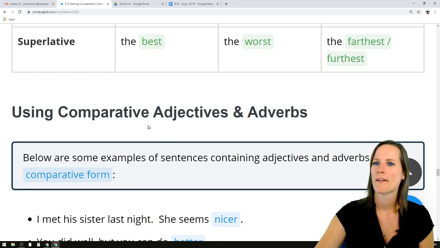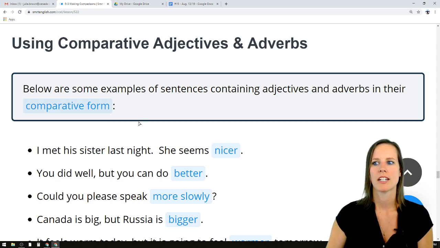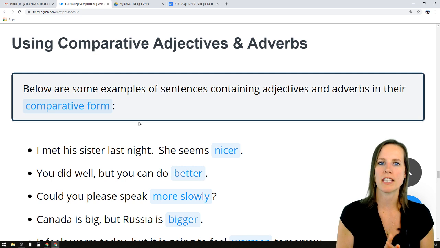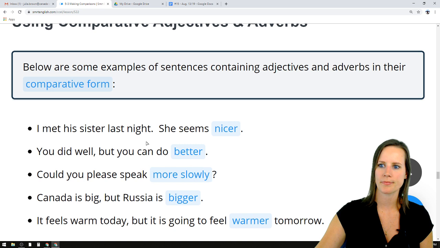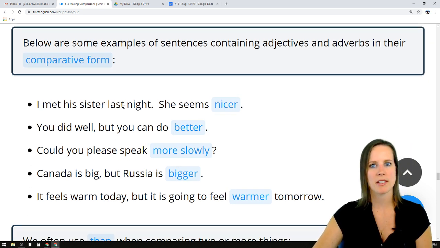Right on. All right, so we've gone over the main rules when it comes to forming the comparative, the superlative, but we can look at some examples using them. Okay, so take a look here. I met his sister last night. She seems nicer.